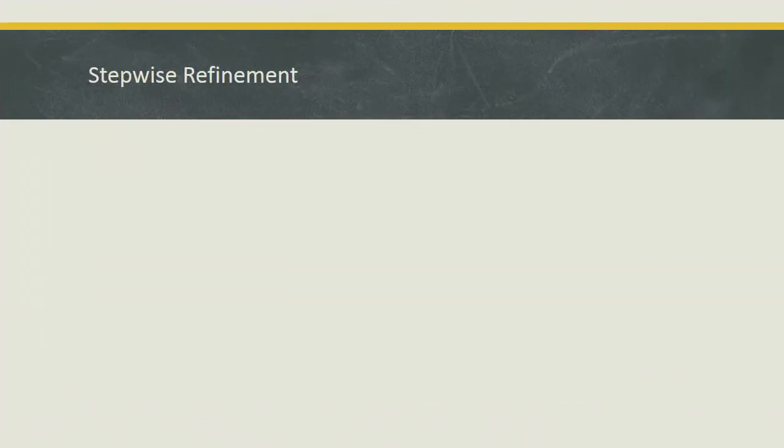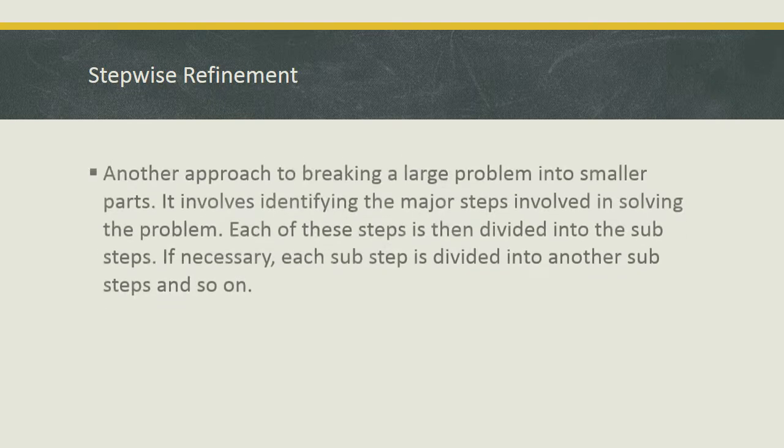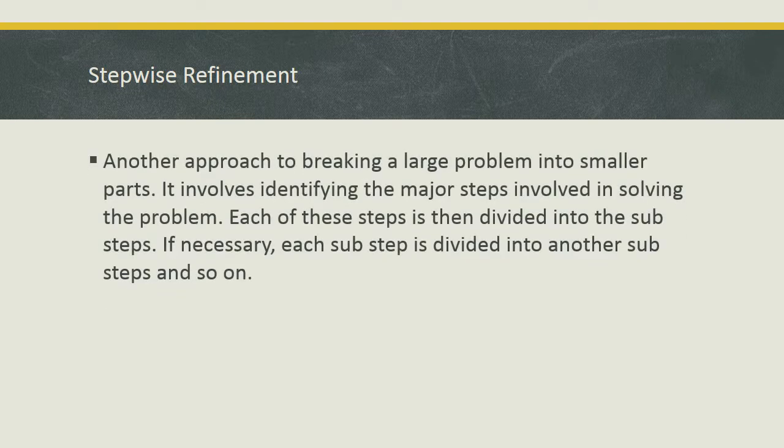Okay, so the next part is stepwise refinement. So another approach to breaking down a large problem into smaller parts is stepwise refinement. So it involves identifying the major steps involved in solving the problem. Each of these steps is then divided into sub-steps. If necessary, each sub-step is divided into another sub-step, and so on.